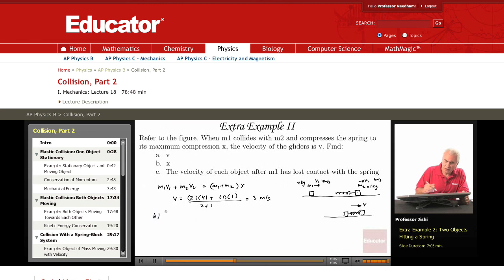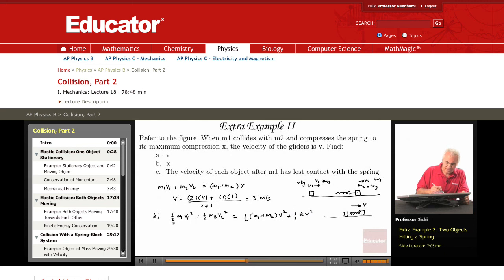So before collision, I have half m1 v1 squared plus half m2 v2 squared. In this situation, I have both masses moving with velocity v, so the kinetic energy is half m1 plus m2 v squared, but the spring is compressed by x. So there's a potential energy in the spring which is half k x squared.